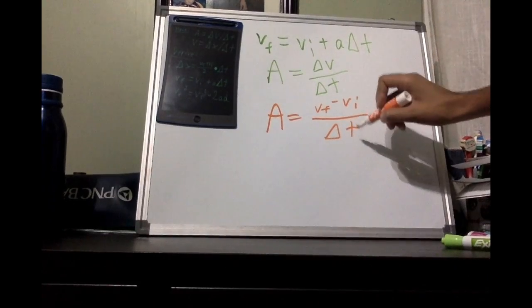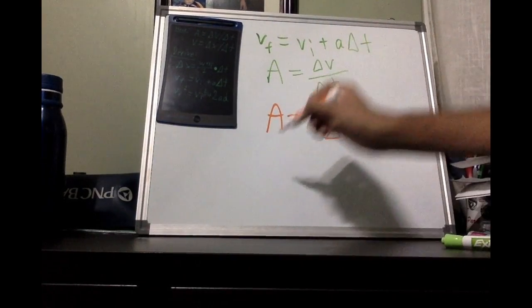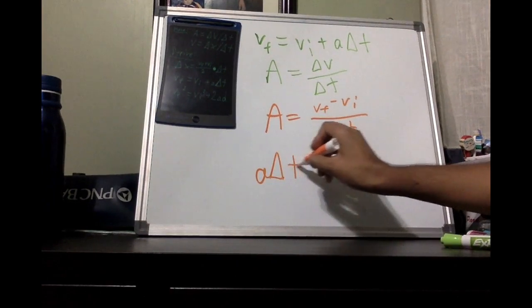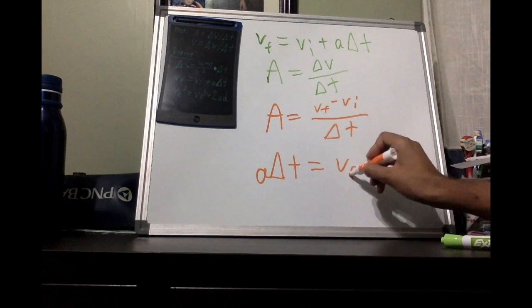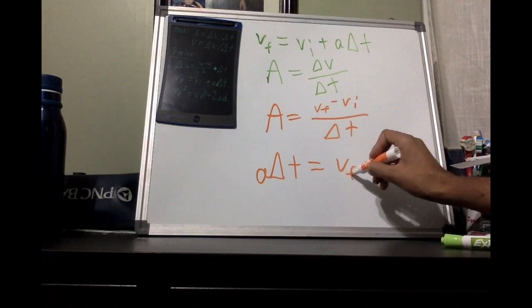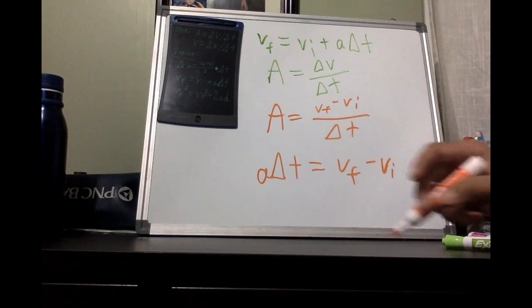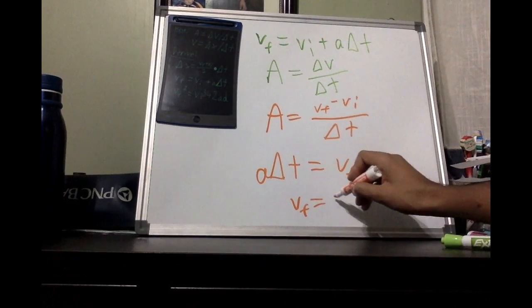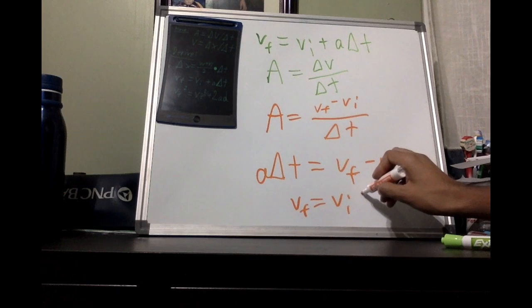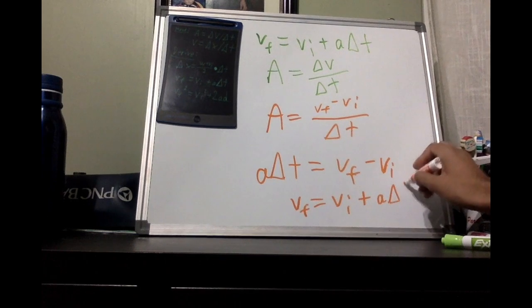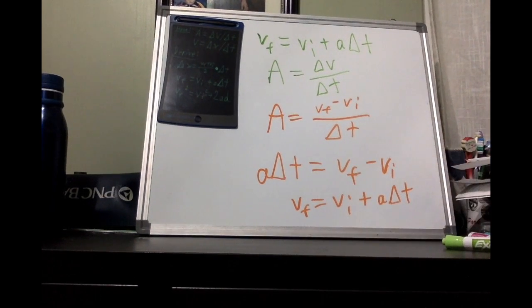Now, if we multiply both sides by delta time, we get a delta time equals final velocity minus initial velocity, of course. If we just add initial velocity to both sides, then we get our equation. Final velocity equals initial velocity plus acceleration times change in time. And that's that.